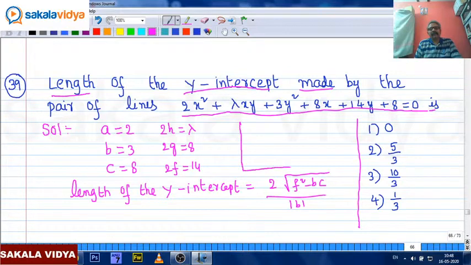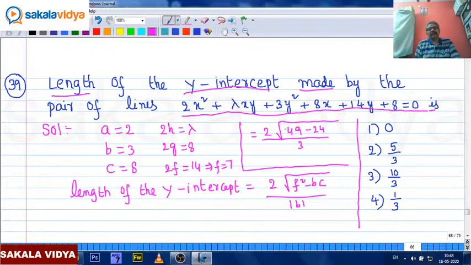We can find out here 2 root of f square. F square means f is 14 by 2, f will be 7. So 49 minus bc. Minus bc means minus 24 upon mod b. Mod b is how much? 3. This will be 25. 49 minus 24, 25.